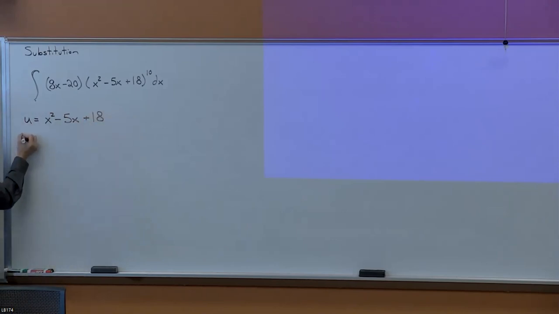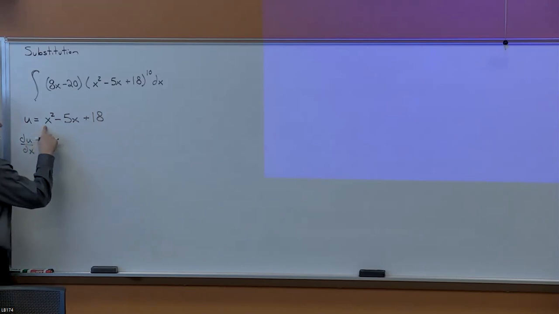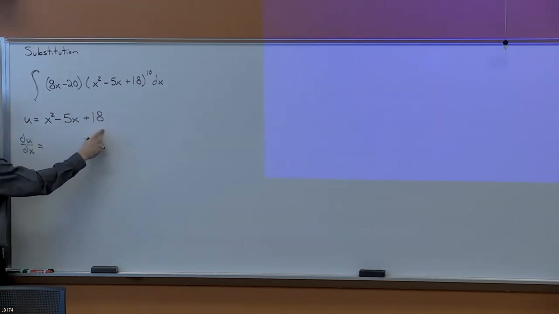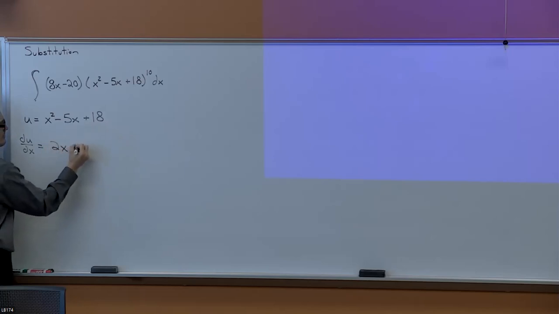Now, before I start doing anything with the integral, first, I need to get my du dx exchange. So I take the derivative of x squared minus 5x plus 18, and I get 2x minus 5.